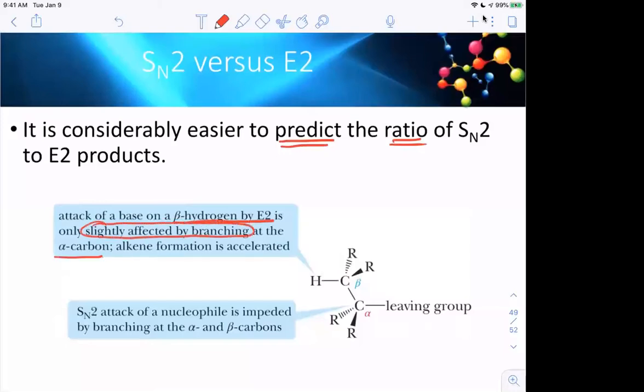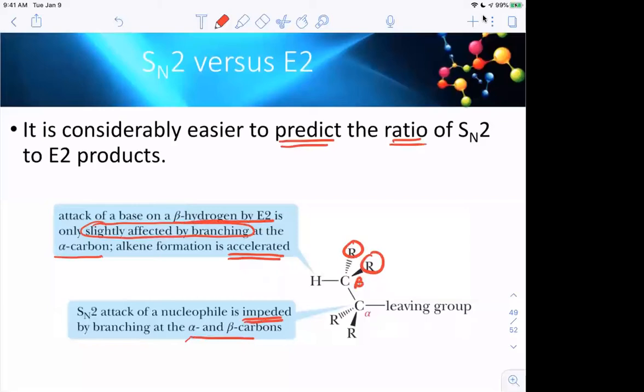The alkene forming reaction is actually accelerated. So this is my beta hydrogen, and if these are carbon groups, remember my SN2 reaction is going to be impeded by branching at the alpha and the beta carbons, because this is driven by steric hindrance.